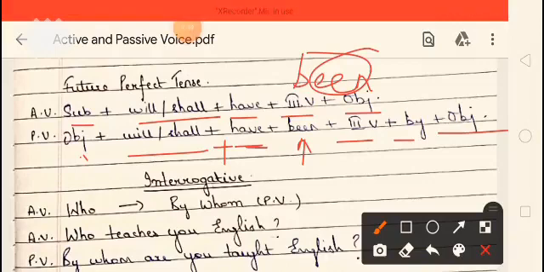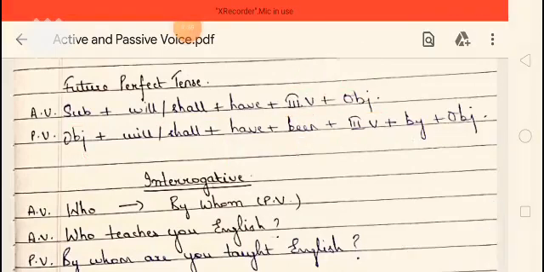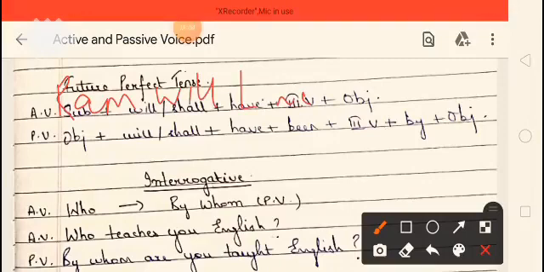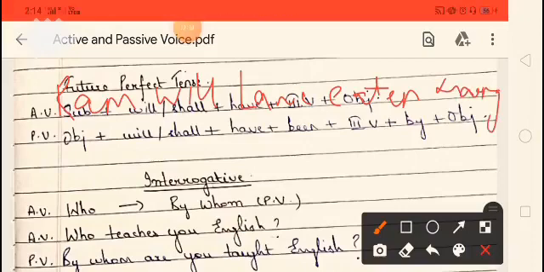Now for example, here the example is missing, I am writing it. Ram will have eaten mango. So the answer will be mango.